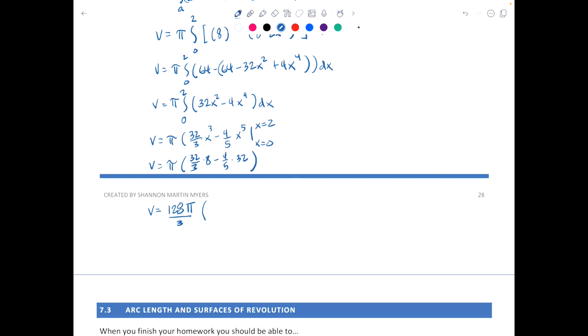We have a 2 remaining, and then to get a common denominator, I think we're going to end up with a 10. And subtract from that 2. Nope, 3.